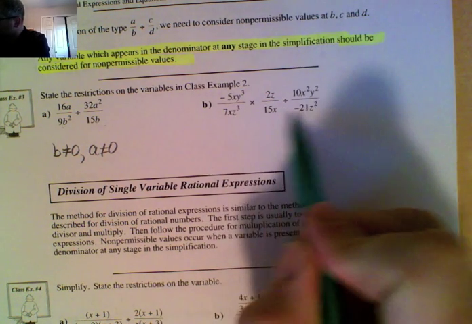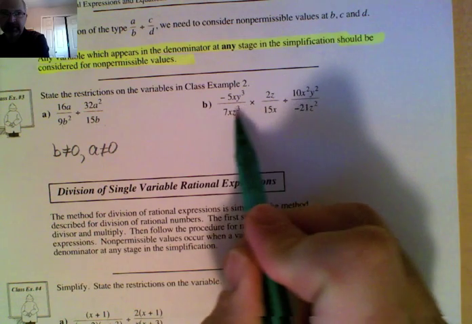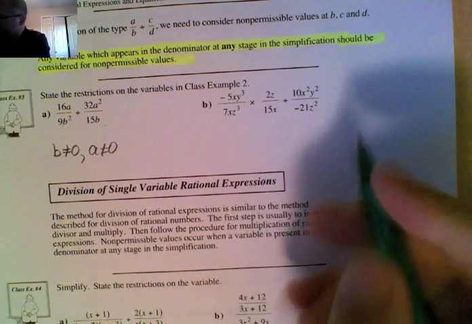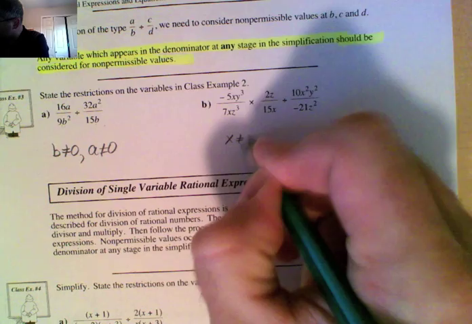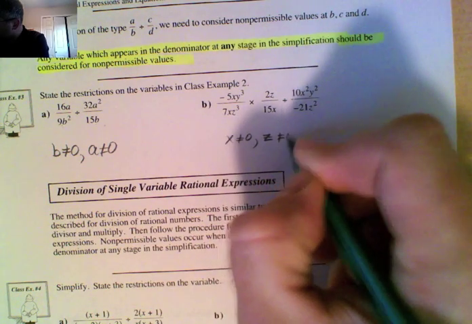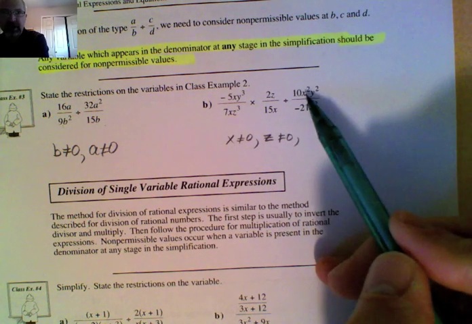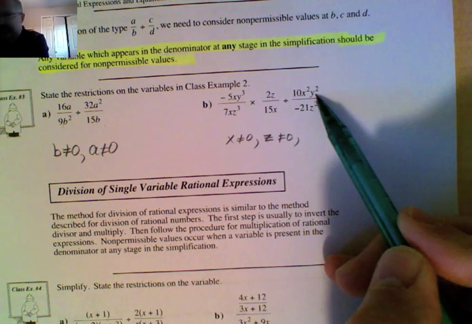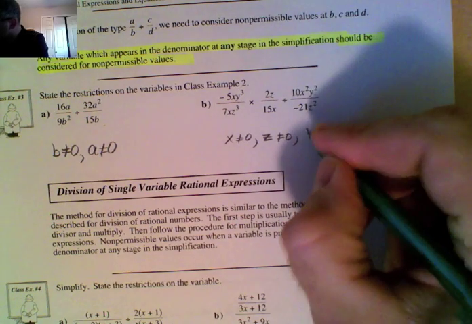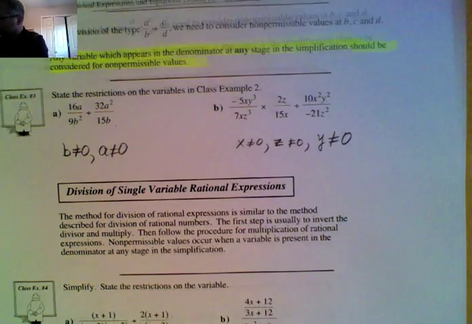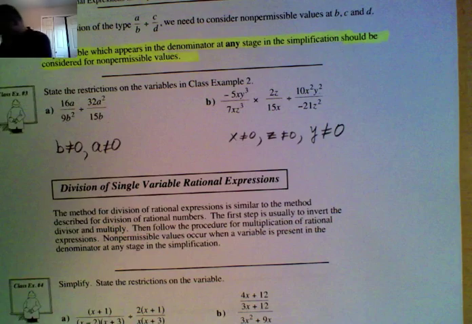If we look at our denominators here to start with, we have x's and z's in the denominator. So x cannot equal 0 and z cannot equal 0. If we then look at the numerator of this third fraction, which is going to be inverted, it has a y in it. So also y cannot be 0.